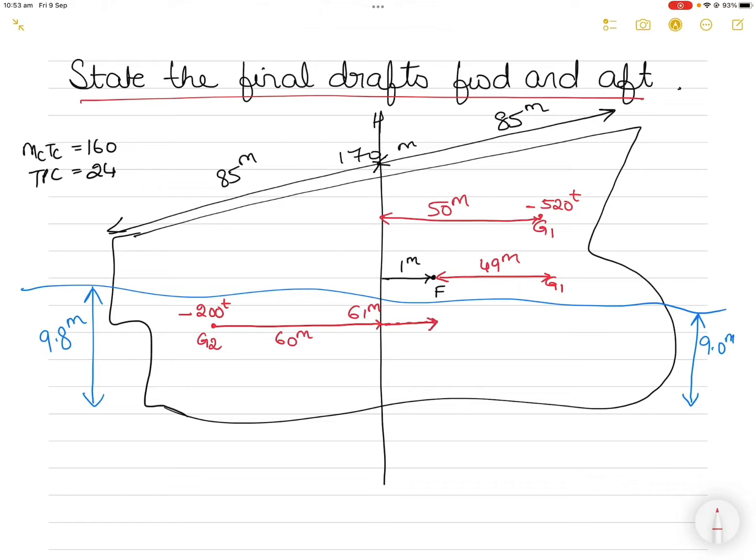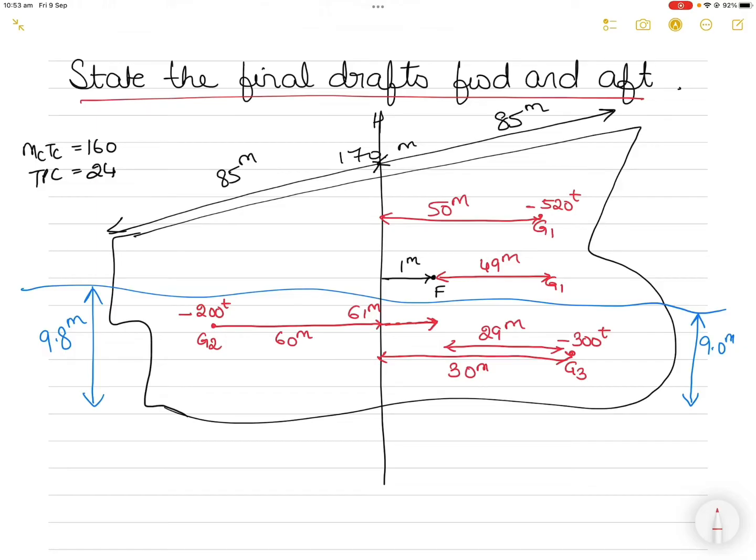This is the distance we are interested in, G2 to F. And similarly, we have consumed 300 tons of fresh water somewhere here, G3 I'll call it, minus 300 tons. Again, HG3 is given to us as 30 meters, but the distance we are interested in is from F to G3, which is 29 meters.